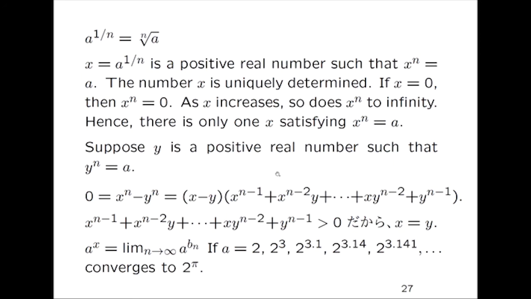Since x and y are non-negative real numbers, this is the positive part if x and y are not equal to 0, okay? So if this is positive, then the only possibility you have is x minus y equals 0, okay? So the number which gives the same nth power is uniquely determined.